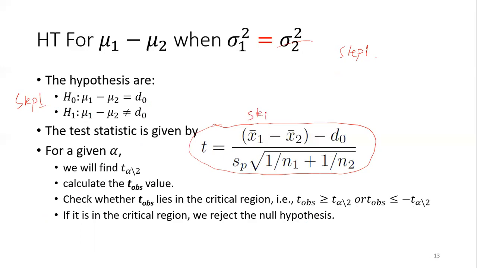Step three is your critical region. Step four, calculate your t observed. And step five, conclude.